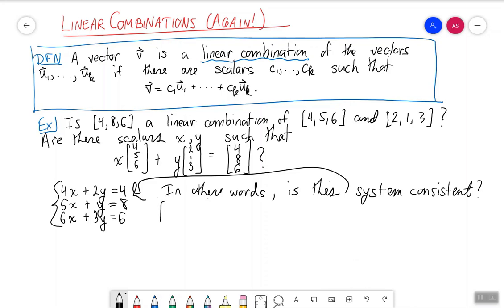The augmented matrix of this system is 4, 2, 4, 5, 1, 8, 6, 3, 6.